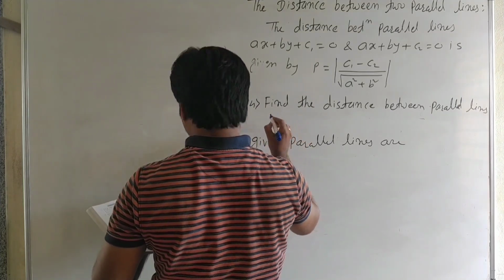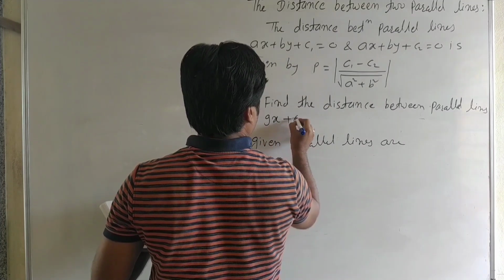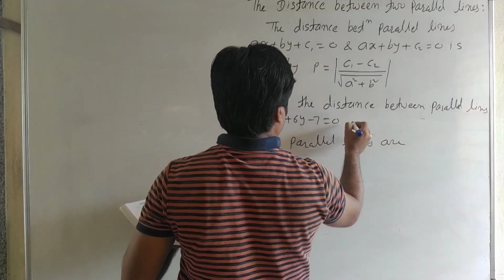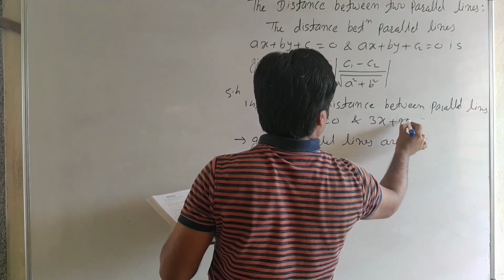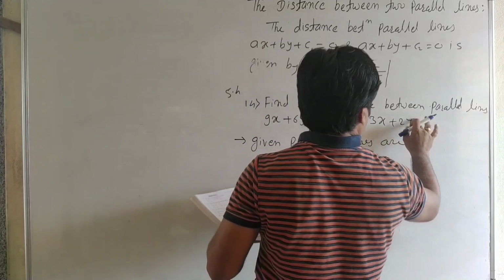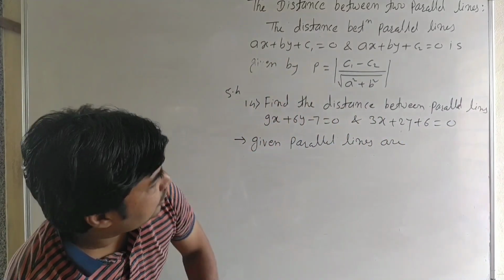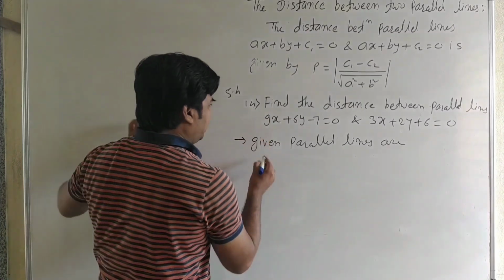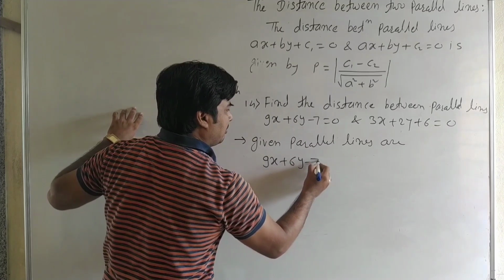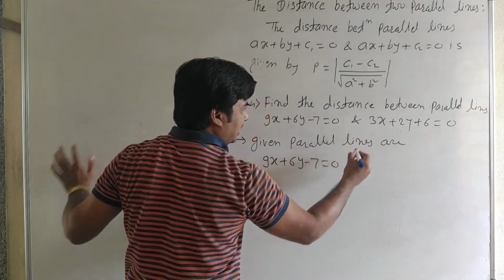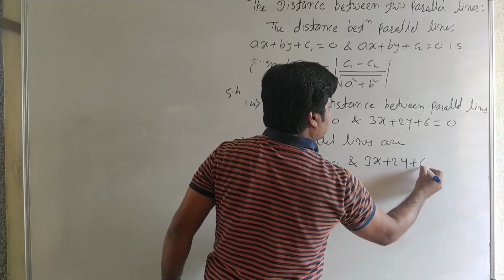Find the distance between parallel lines 9x plus 6y minus 7 equal to 0 and 3x plus 2y plus 6 is equal to 0. We want to find the distance between these two parallel lines.